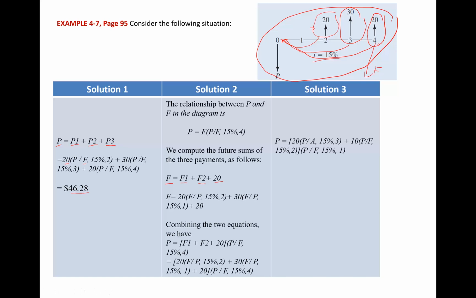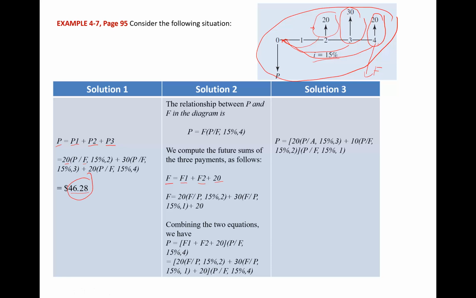So combining the two equations, we have P equal to F1 plus F2 plus 20, and this is the future value. We have to bring it to the present value, so we multiply by looking for P given F, 15%, 4 years. So we get the same amount that we found here.